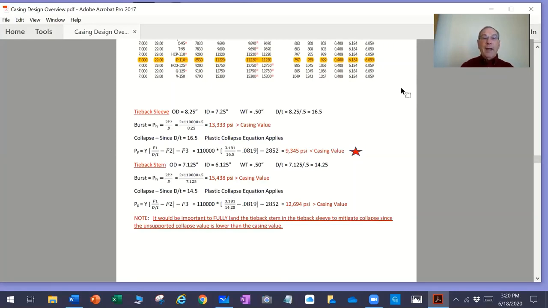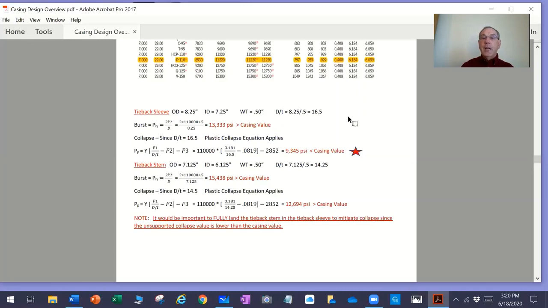The collapse value: since it has a D over T ratio of 16.5, which we calculated here, the plastic collapse equation applies. So if we plug into the plastic collapse equation, with F1, F2, F3, we put those values in, and we get a value of 9,345 PSI as the collapse.